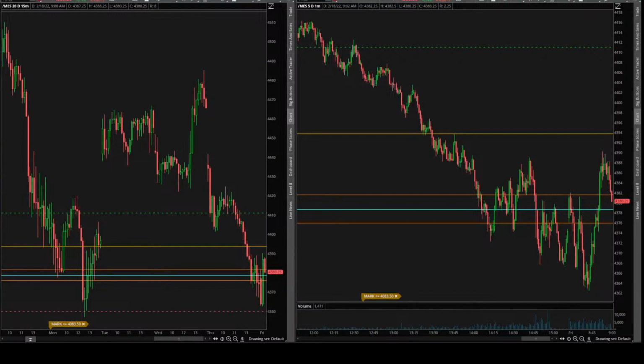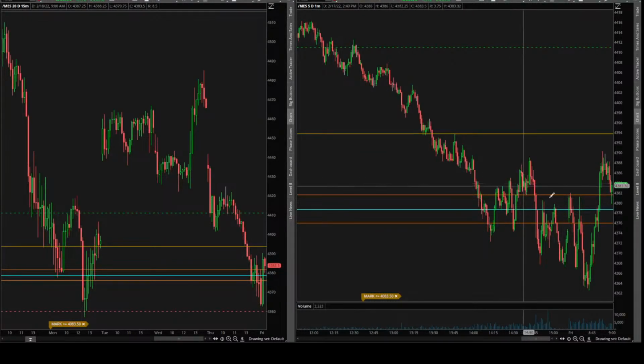Give it a second here. Okay, I'm buying a little bit here. So I'm in right at this 81 level.